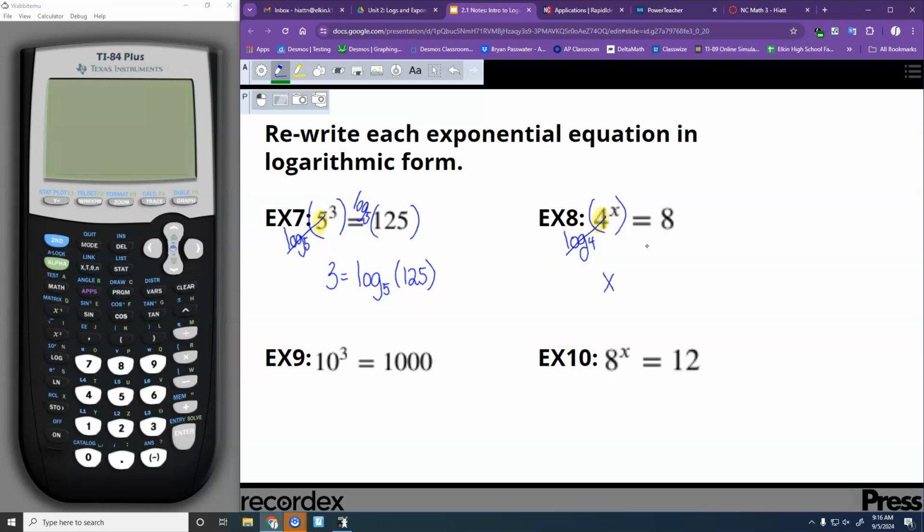We'll just have the x. But if we do that to one side, we also have to do it to the other. So log base 4 of 8. We'll write it this way. Or you might see it looking like this: x equals log base 4 of 8. They might write it without the parentheses. I like the parentheses because when we start doing equations that are longer, you need them sometimes.